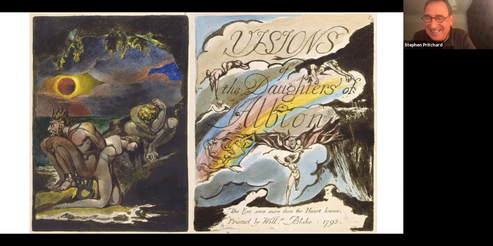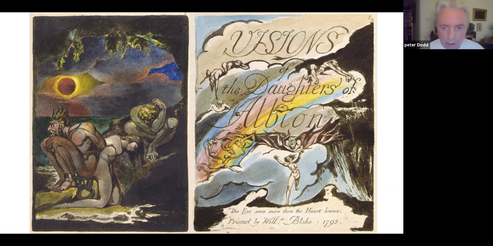Peter Dodd. For me, the line "the eye sees more" is in the same cartouche under which is the artist's name, William Blake. And as Ramazan points out, it strikes me that Blake is posing a question to the reader, to me.